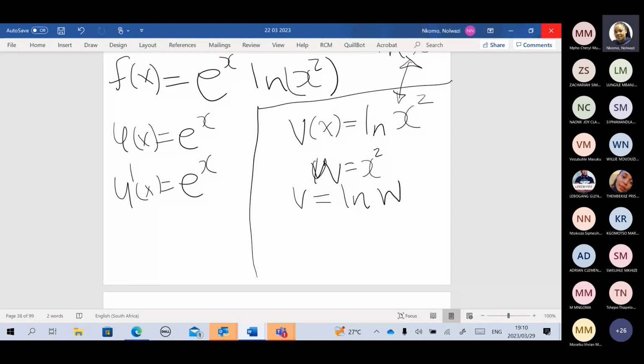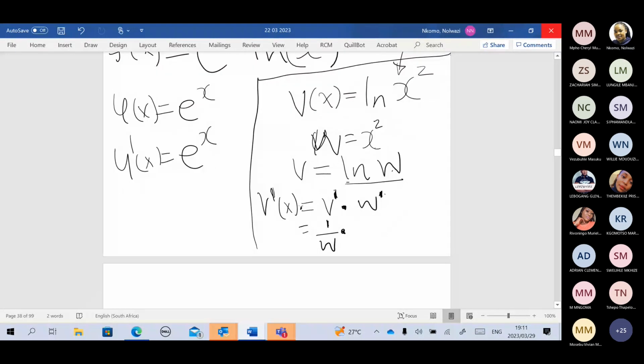Using the chain rule, v prime of x will be the derivative of ln w, which is 1 over w, times the derivative of w. w is x squared, and the derivative of x squared is 2x.